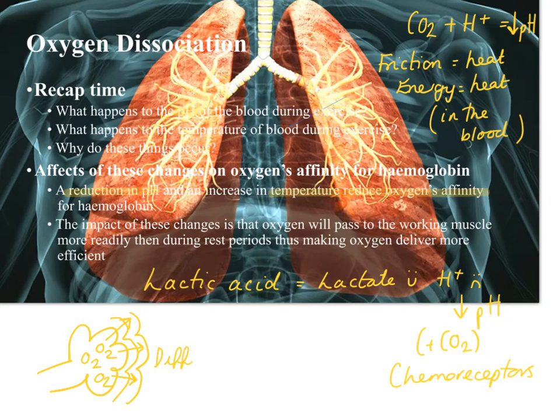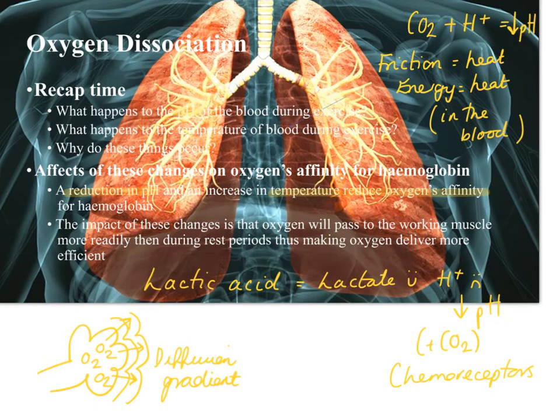But the muscle cell is different. The muscle cell requires oxygen, and because of the change in pH in the blood, the oxygen is more likely to leave the hemoglobin and go over to the muscle cell. It happens quicker, it happens faster. That's amazing for sport, because it means we're more efficient at getting oxygen into the muscle cell quickly.